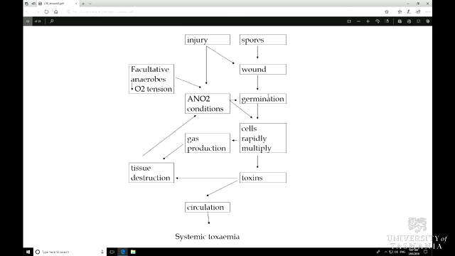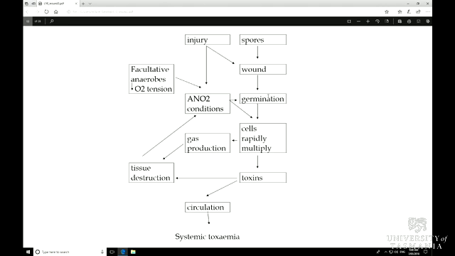So as they multiply really quickly, they are strong gas producers. And they make gas. And as the gas comes out of the organism when it's growing, the gas wants to go to the atmosphere. So it bubbles up through your muscle in the shortest route possible and therefore tears muscle on the way up. So the gas production causes more tissue destruction, which makes the whole thing more anaerobic, which stimulates more germination and more growth.